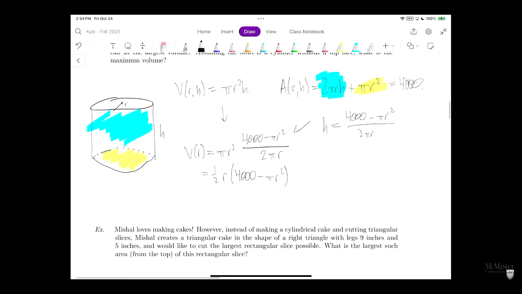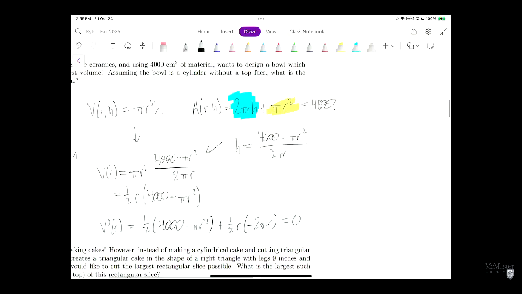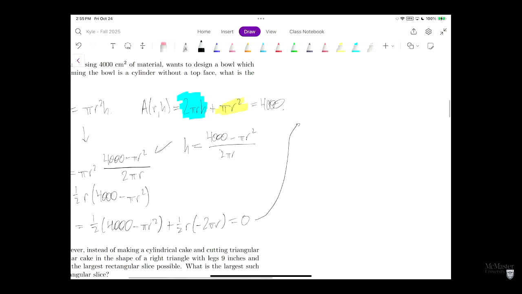In this case, the derivative V prime of r, taking the product rule, is 1/2 times 4,000 minus pi r squared, plus 1/2 r times negative 2 pi r. Alrighty. If we set this equal to 0, we multiply both sides by 2.